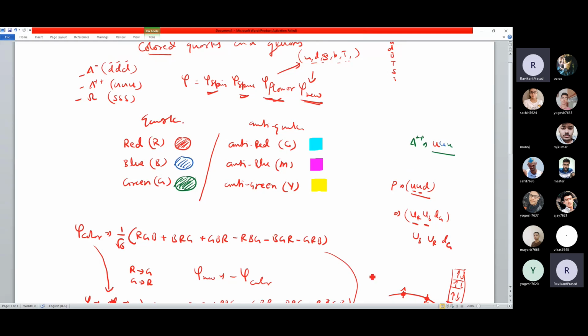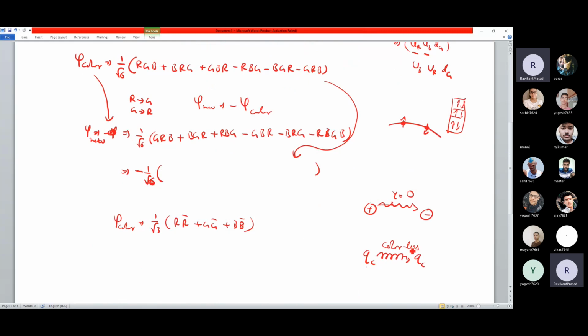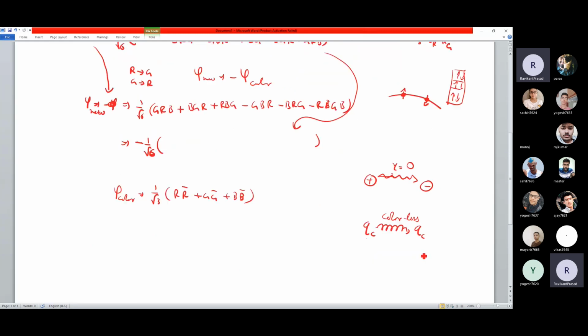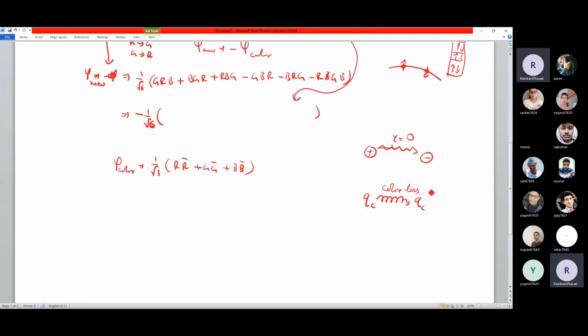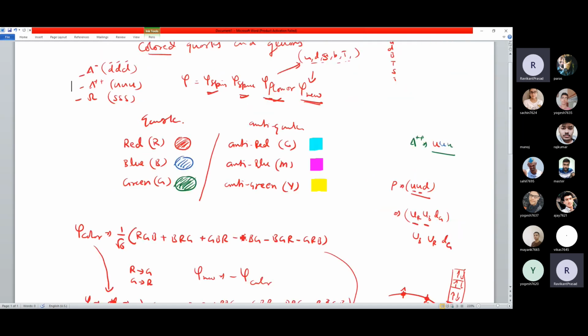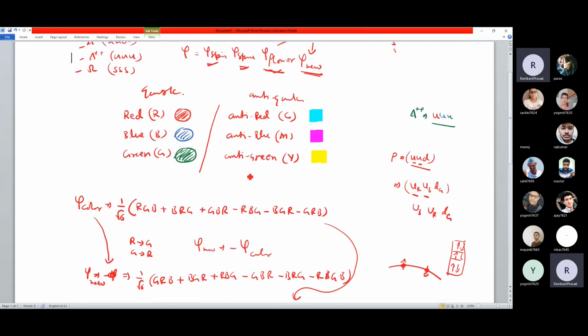It is possible that it carries red-red, but it is not exactly colorless, it should be a color and anti-color combination. Instead of calling it colorless, we should write it as a color and anti-color combination. Gluon must be a color and anti-color combination. When we see these three different quarks and three different anti-quarks with different colors, we can make combinations.